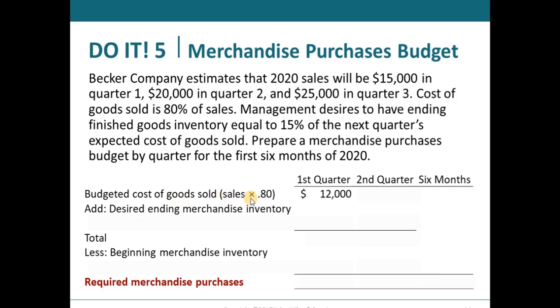Budgeted cost of goods sold in the first quarter will be 80% of sales. Sales 15,000 times 80%, 12,000.